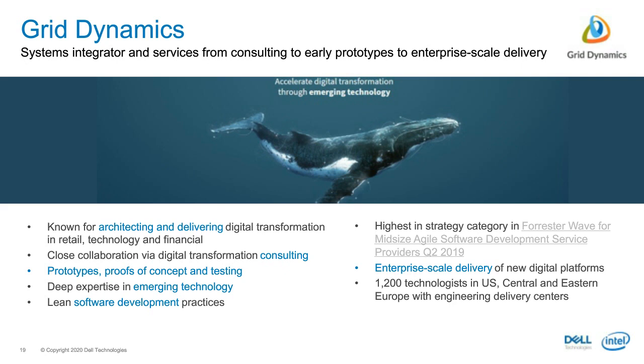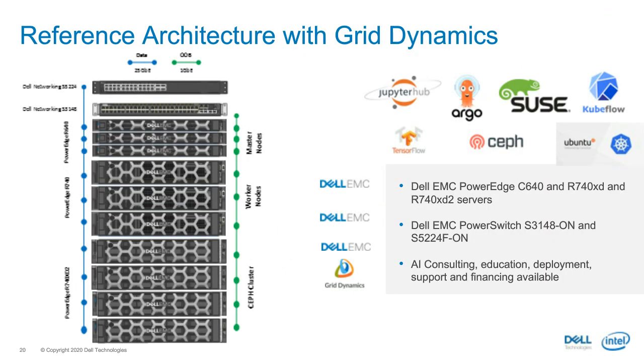So we work with Grid Dynamics to take advantage of an up and coming tool set called Kubeflow, which is an opinionated way to actually put together a lot of these existing tools and run them on top of a Kubernetes cluster or in a cloud-native environment.